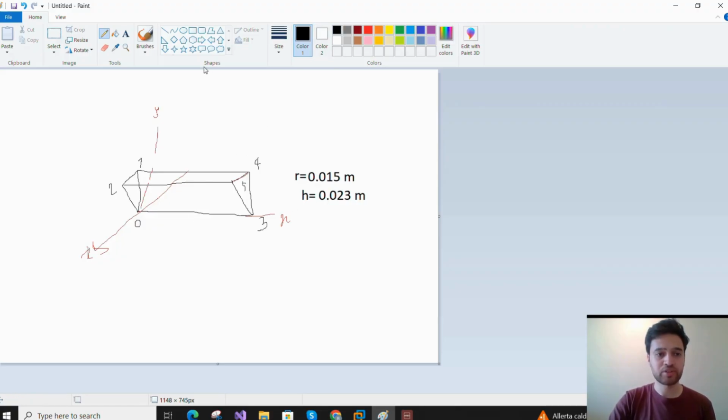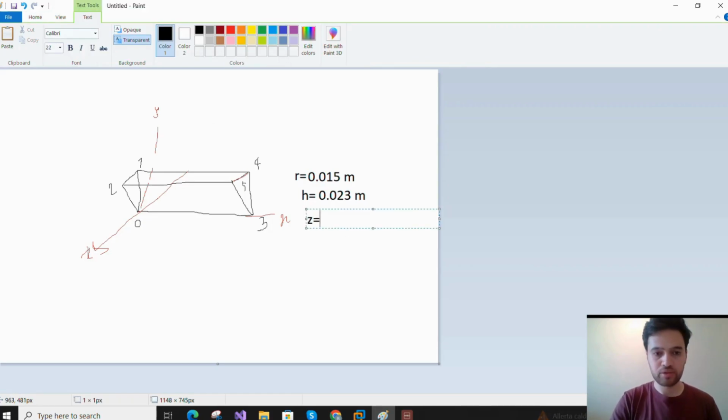And how to calculate z? z equals r times theta, the angle in radians, and the angle that we mostly consider is almost 2 degrees.